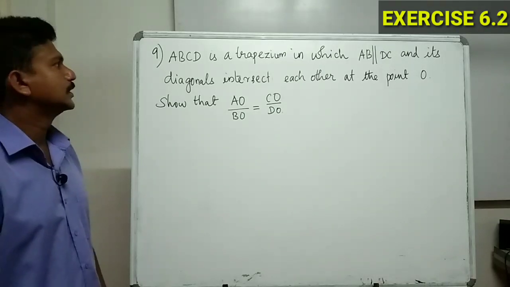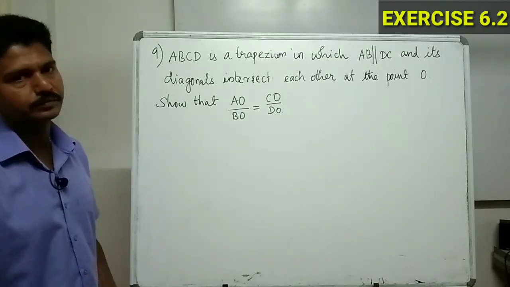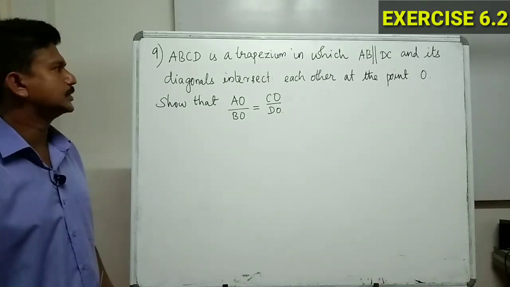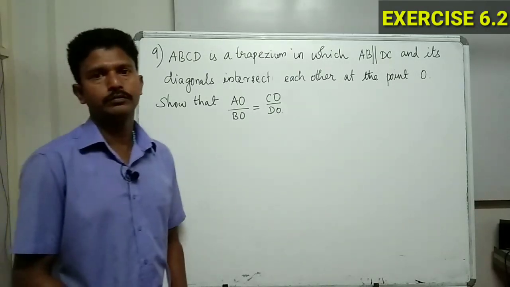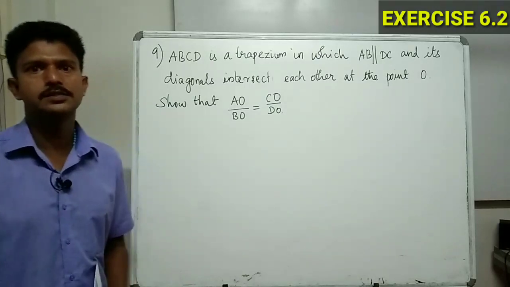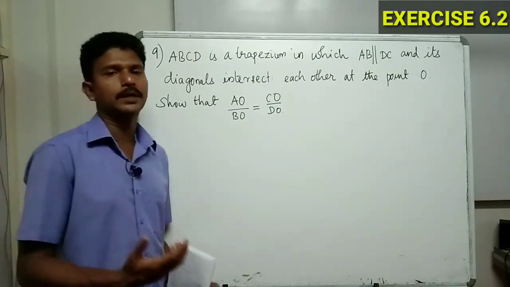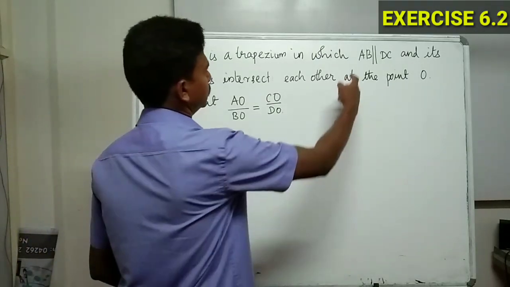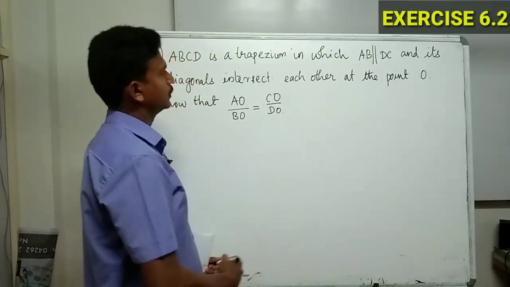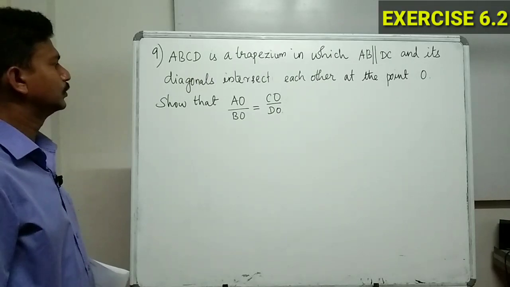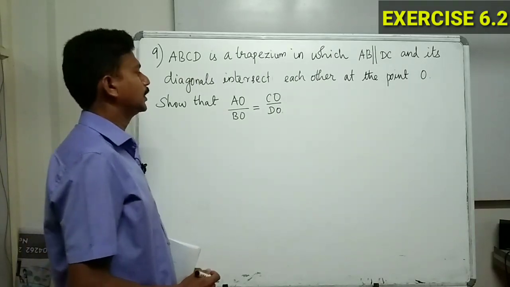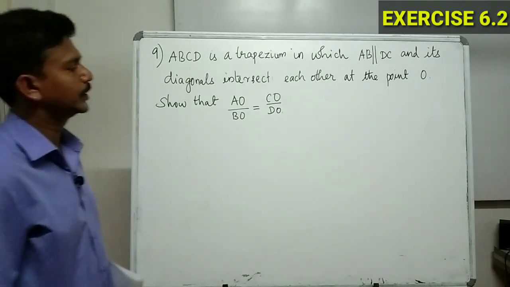It says that ABCD is a trapezium. In a trapezium, one pair of sides are parallel. That is, AB and DC are parallel, and its diagonals intersect each other at a point O. Show that AO by BO is equal to CO by DO.